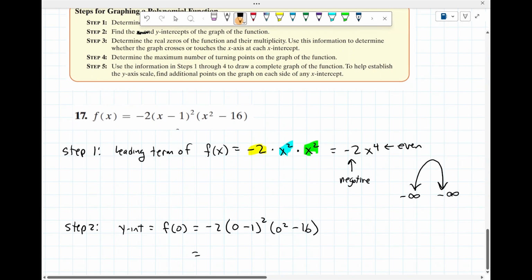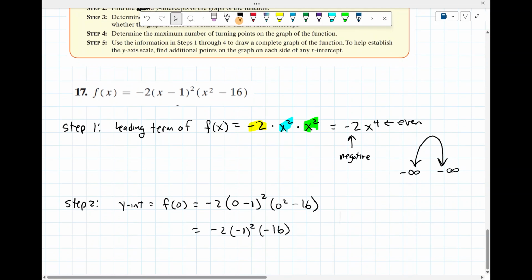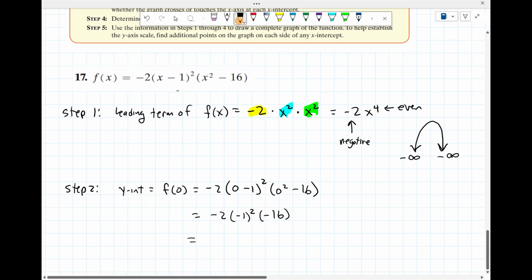I end up with negative 2 times negative 1 squared times negative 16, which ends up being negative 2 times 1 times negative 16, so that's going to be positive 32. So my y-intercept is going to be 0, 32.